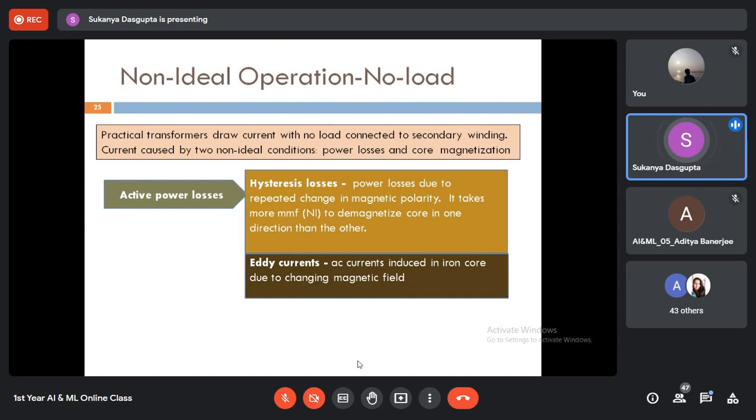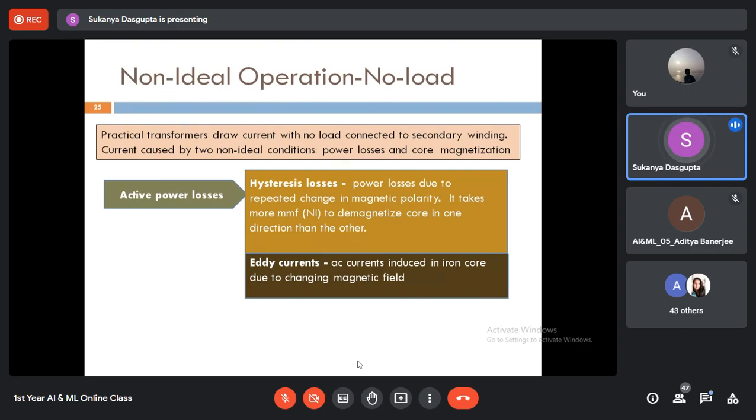Hysteresis losses are mainly generated due to the repeated change in the magnetic polarity, and eddy currents will be generated because of the core material. They are generated inside the iron core because of the changing magnetic field, and due to this current generated in the core, eddy current losses are also generated in the core.